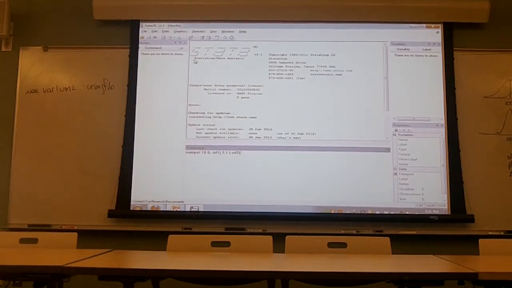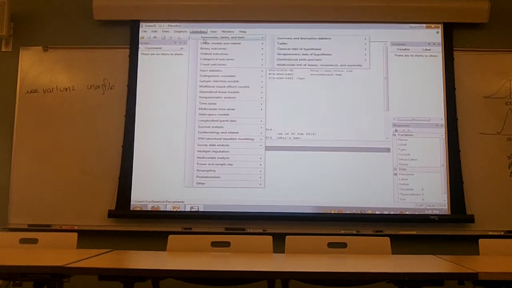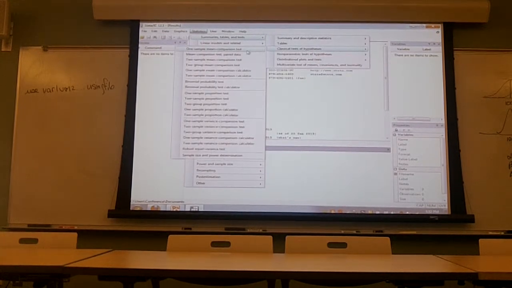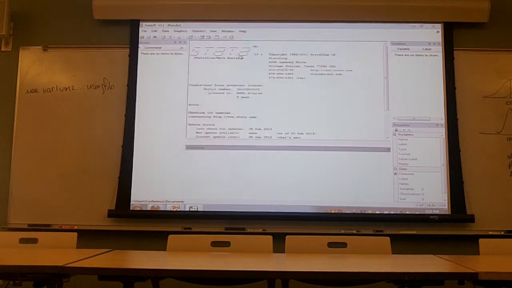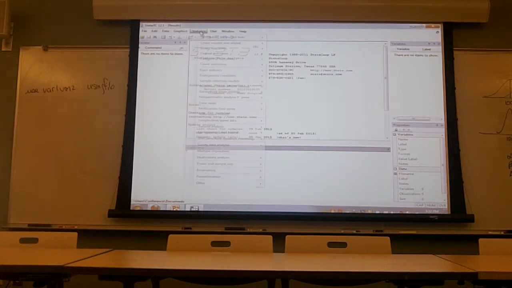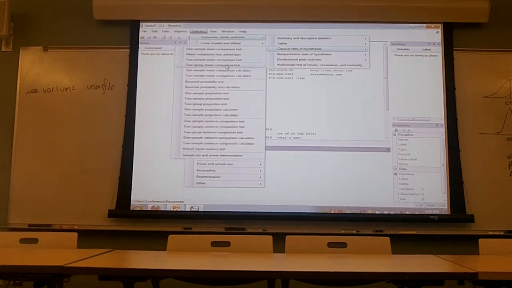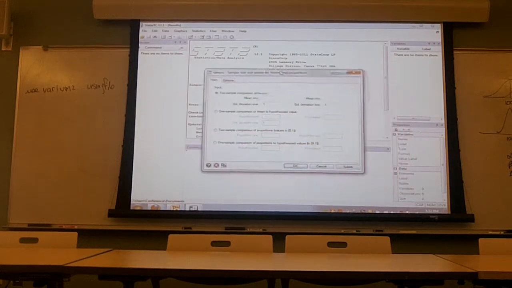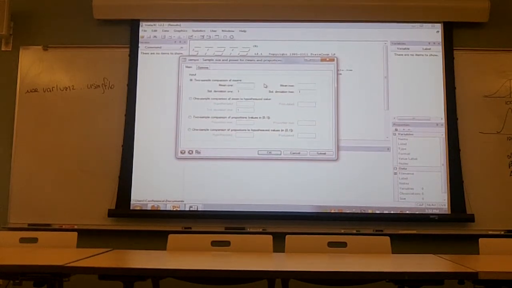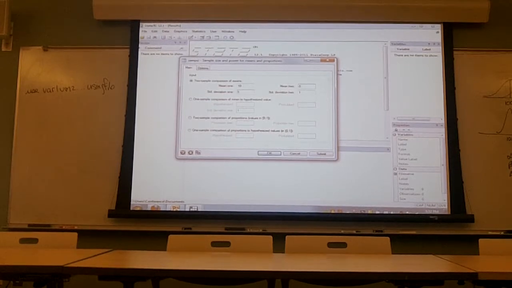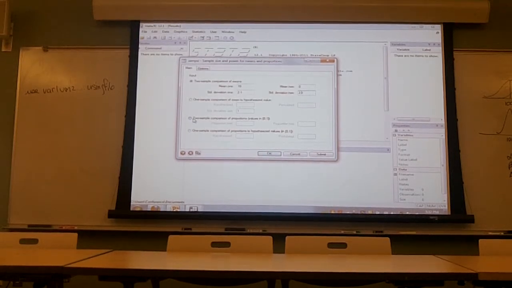There's an easier way to do this. Hold on. Here we go, sample size and power determinant. This is what I'm looking for. Okay, so mean 1, 10, mean 2, 0. Standard deviation will be 2.1. Okay, I'm going to do this.